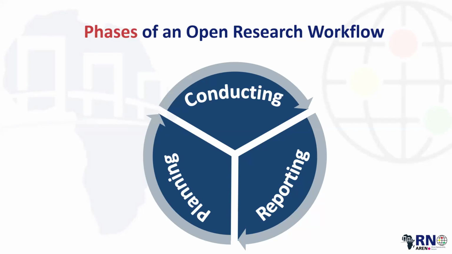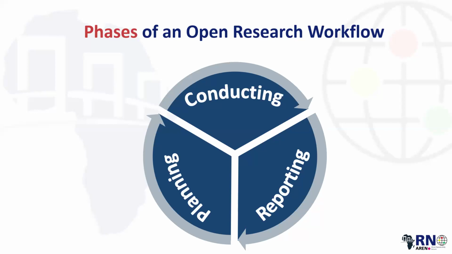So when you actually have a plan from the get-go, before you start conducting your research, you have everything planned and set in place. You have how you're going to collect your data, how you're going to preserve it, all of these steps.